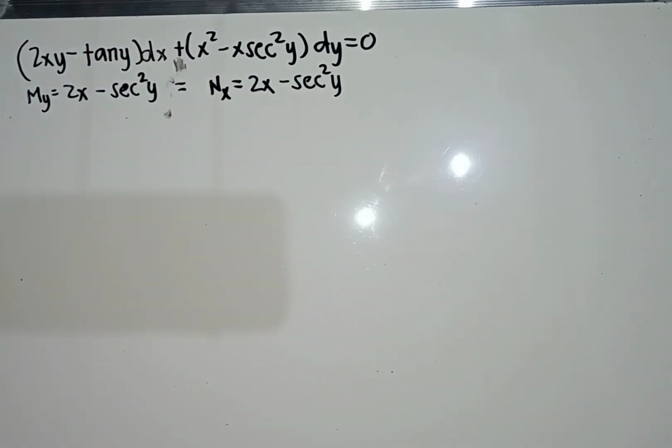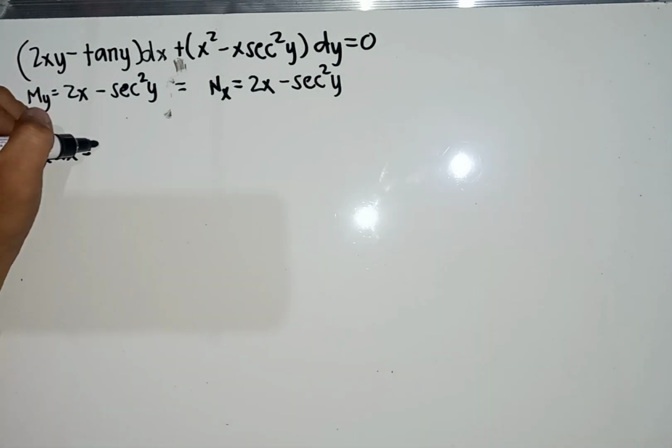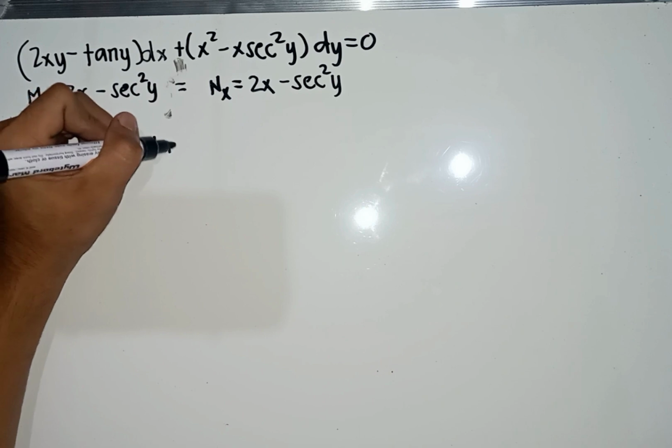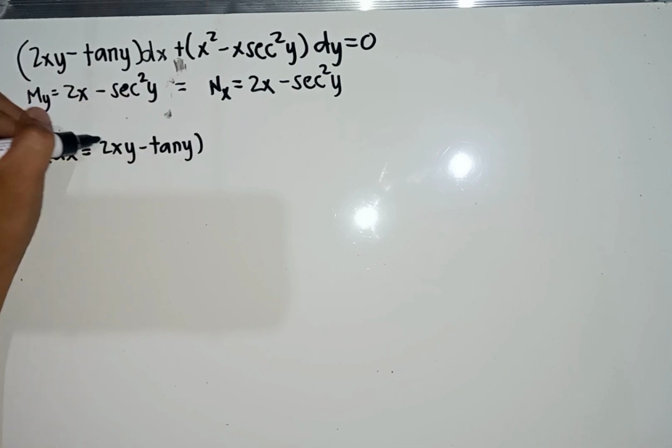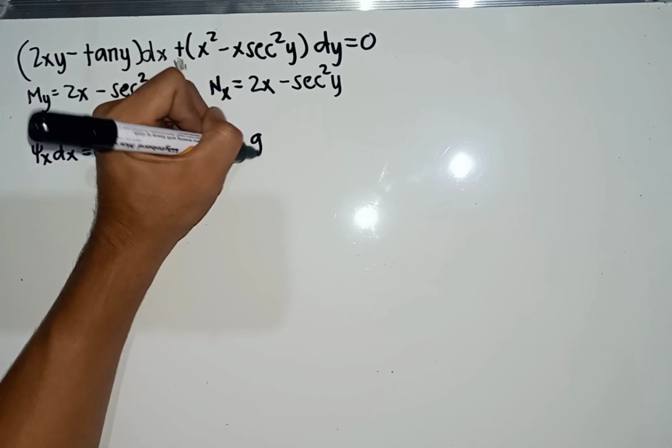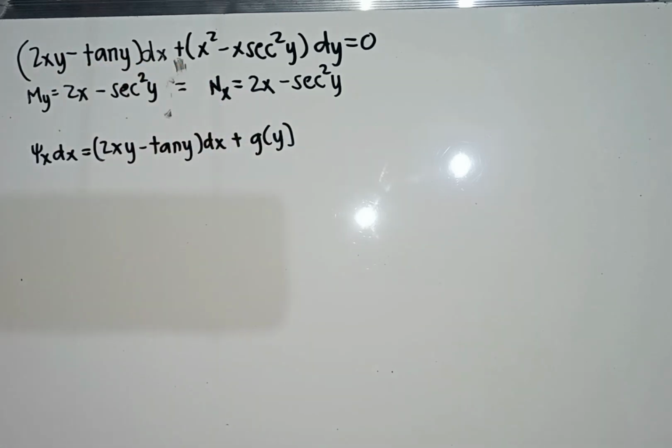Next we must find psi, the partial with respect to x, is equal to (2xy minus tangent of y) dx plus imaginary g of y.